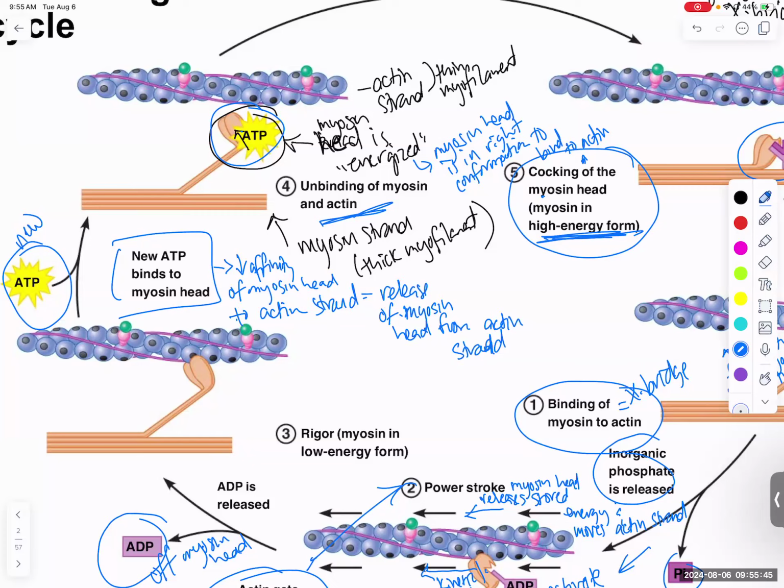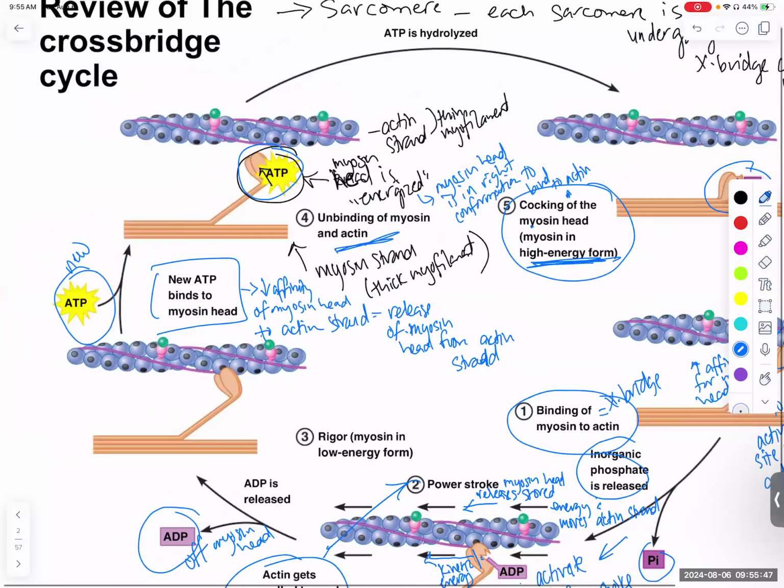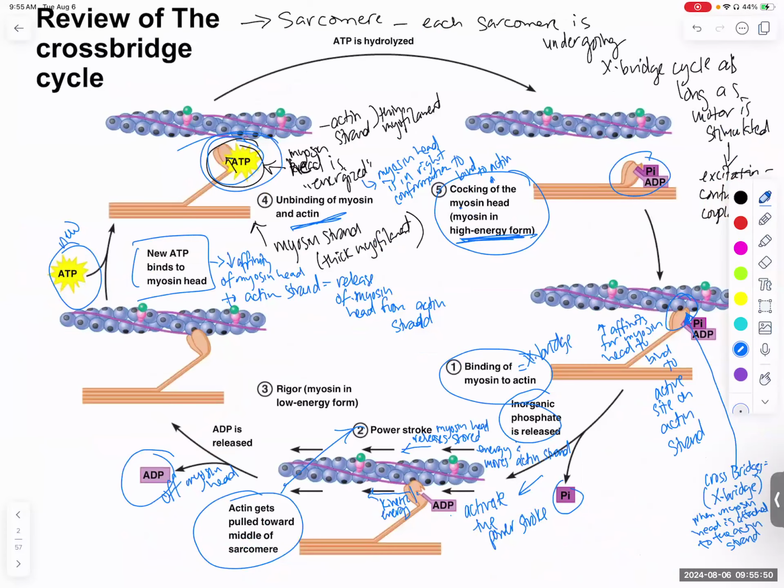And then we start the whole cross bridge cycle over, and we're back to ATP being consumed, so to speak. The energy from the phosphate bond is going to go into the myosin head, and we're going to start this all over again. That's what ATP is hydrolyzed means.